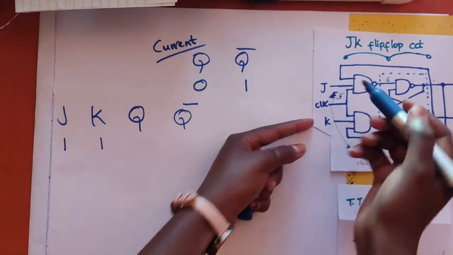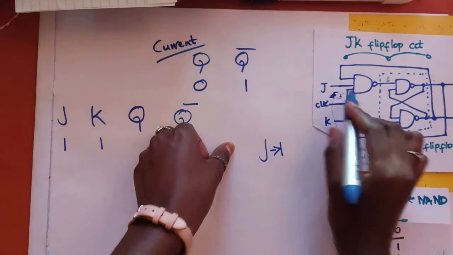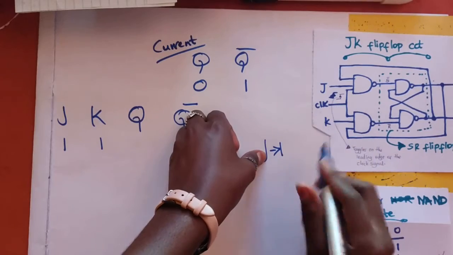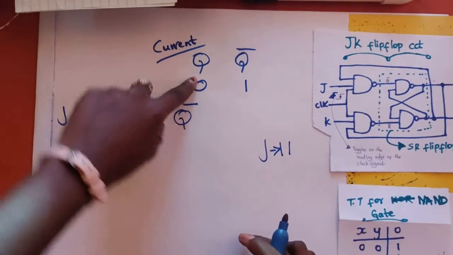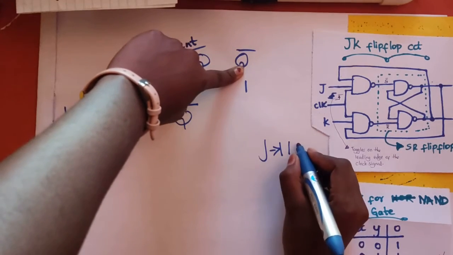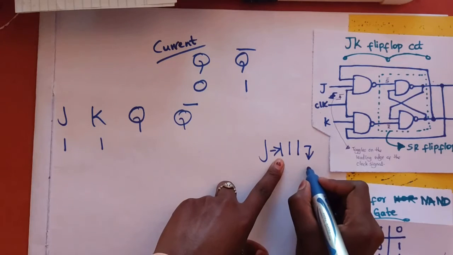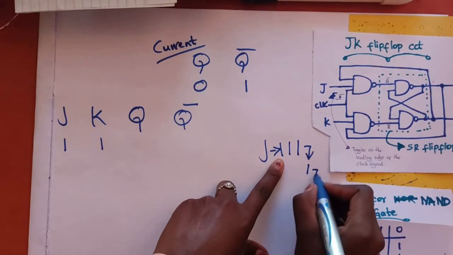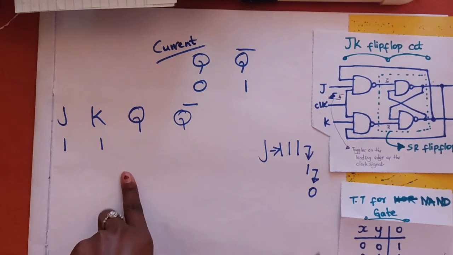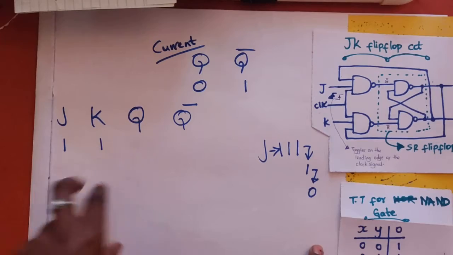Let me just hold it there. We have our J input as 1, we have our clock input as 1, and then at the output of Q naught, we have a 1. So that means 1, 1, 1. If it were an AND gate, it would be 1. But since it's a NAND, it's not AND, so it's a 0. So whatever AND is, we do its complement.